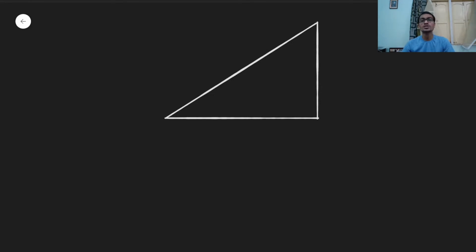So here actually there is a pole and a rope is tightly stretched from the top to a point on the ground level. Then this is the ground level, which turns into a right angle triangle. So actually the story of every problem will turn into a story of a right angle triangle.